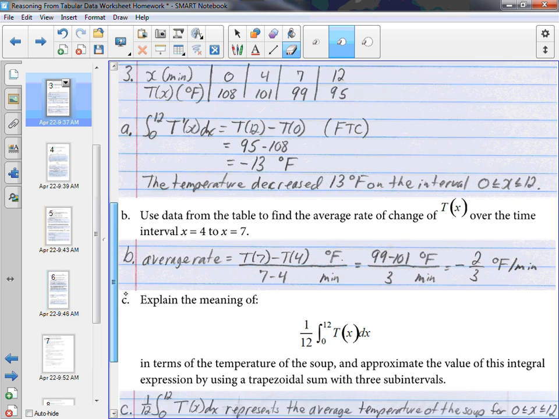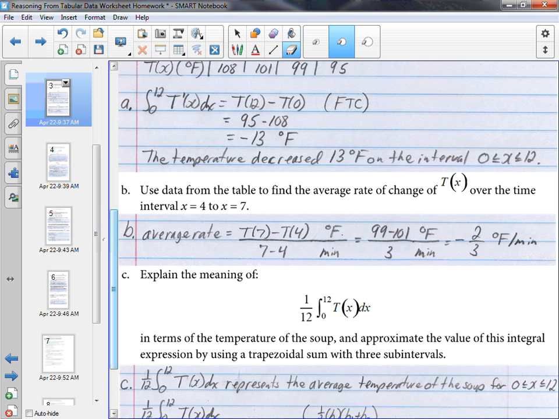So, part B, use data from the table to find the average rate of change. The average rate of change uses the slope formula, y2 minus y1 over x2 minus x1. It'll never be y's and x's, will it? But it's the same idea. Over the time interval from 4 to 7.